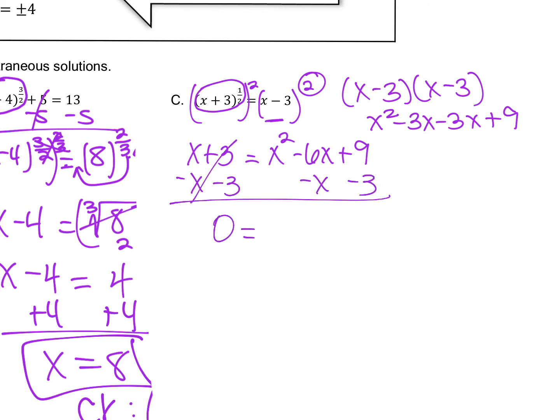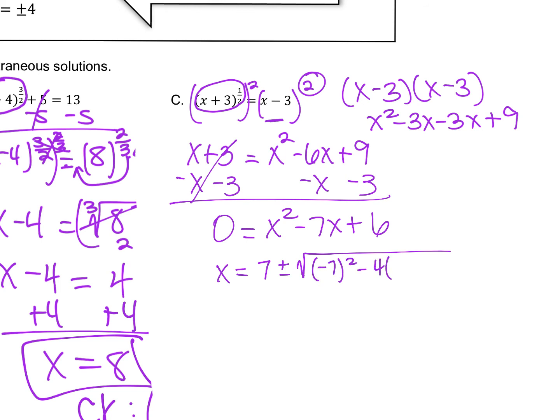Again, we've already discussed all the different ways of solving a quadratic. You can use whatever method you prefer. So remember, quadratic formula works every time, so you're welcome to do that. So that's x equals negative b, so 7 plus or minus the square root of negative 7 squared minus 4, a is 1, c is 6, all over 2 times a, which is 1.